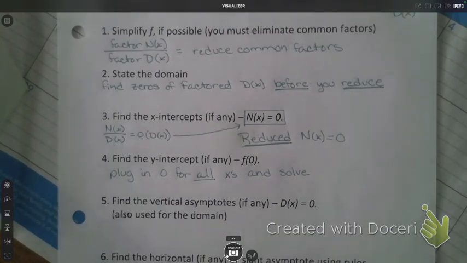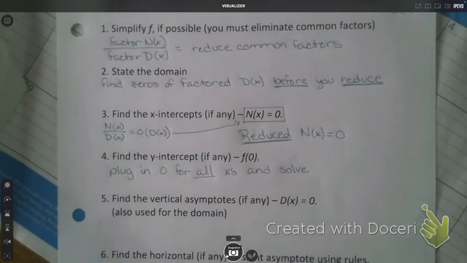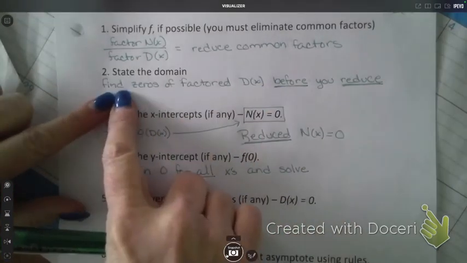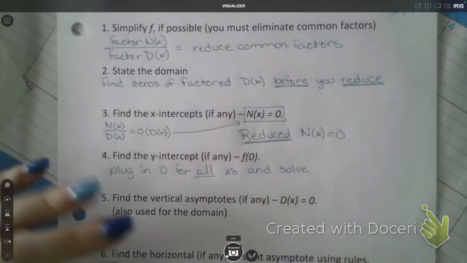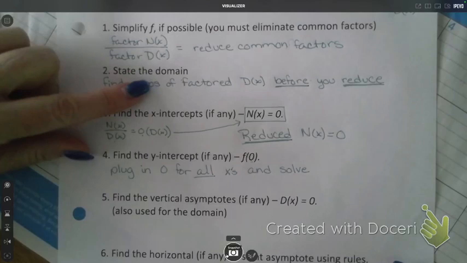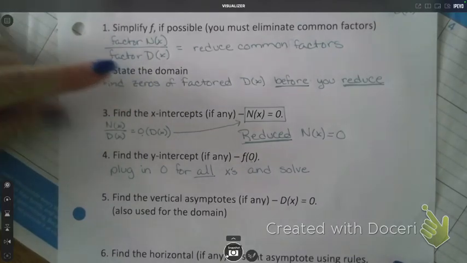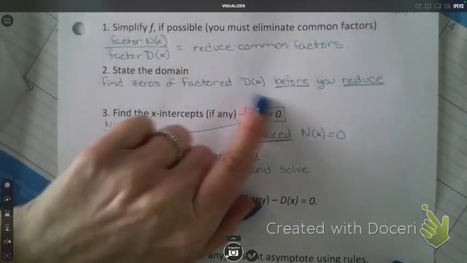So now we need to find vertical asymptotes. We talked about vertical asymptotes yesterday, which is the h and the k, correct? Vertical asymptote, remember, is what the graph can never touch or cross. So a vertical asymptote comes from your domain portion of it, I guess I should say. How did we find the domain? Find the zeros of the factored d of x.